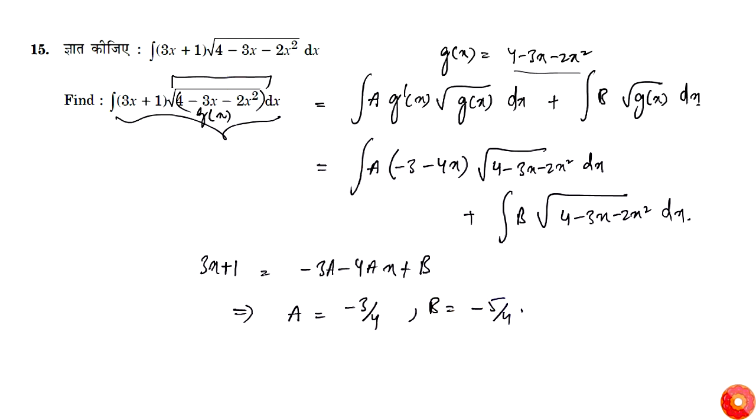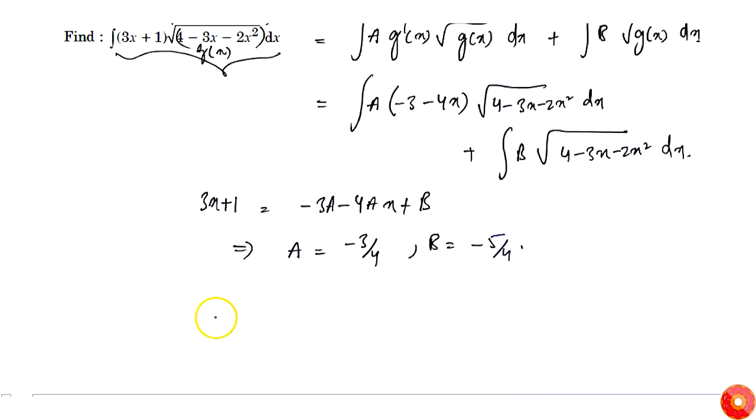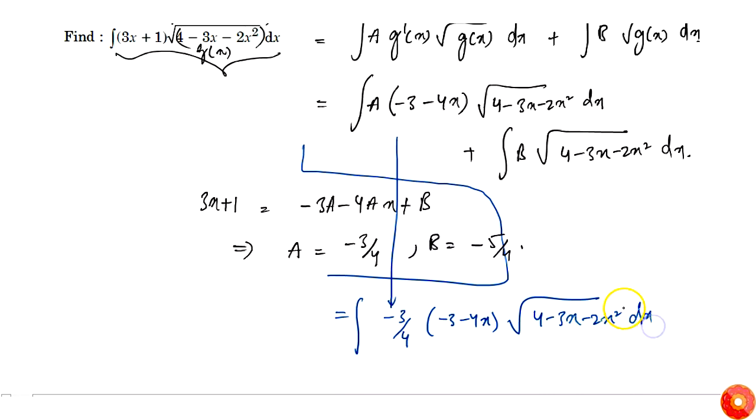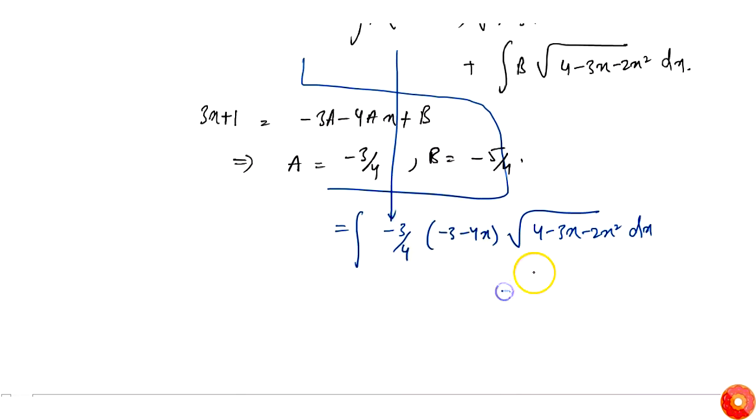So once I put them back, I will get this whole thing as equal to simply integration of minus 3 by 4 into g dash of x, which is minus 3 minus 4x, into square root of 4 minus 3x minus 2x square dx, plus or minus 5 by 4, so minus I will take, so minus of square root of 4 minus 3x minus 2x square dx.